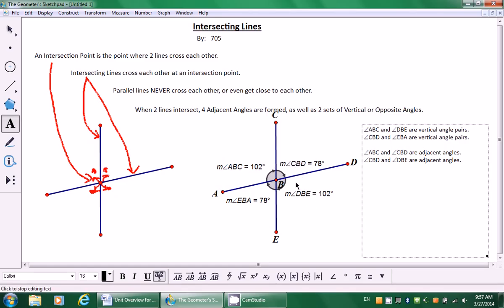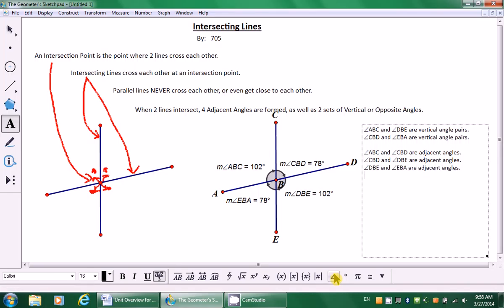Alright, so let's talk about the relationship between angle DBE and angle EBA. They are next to each other. They share a common line segment, so they are also adjacent. Angle DBE and angle EBA are adjacent angles. And we'll hit enter.